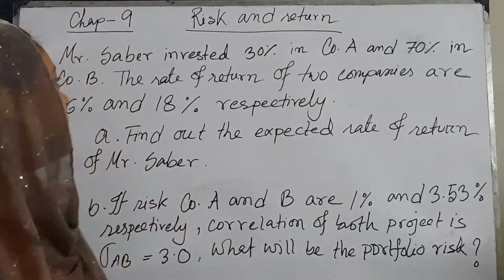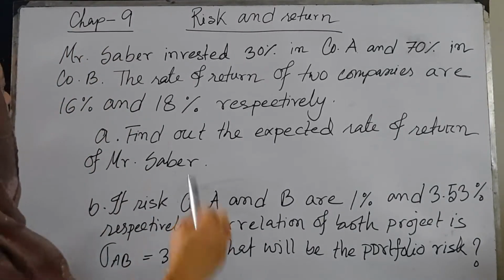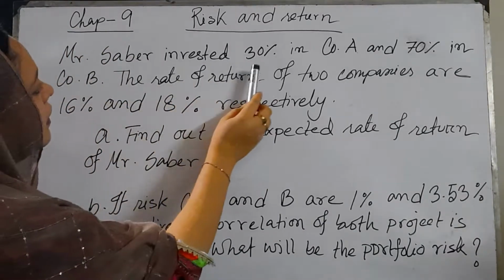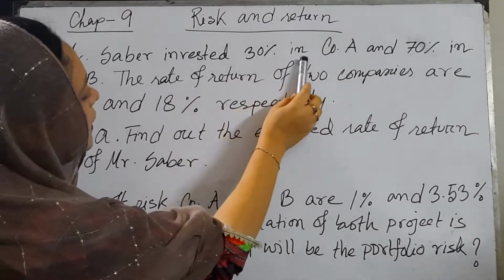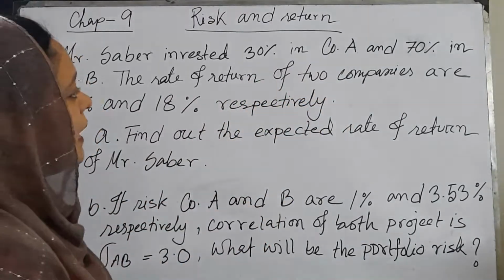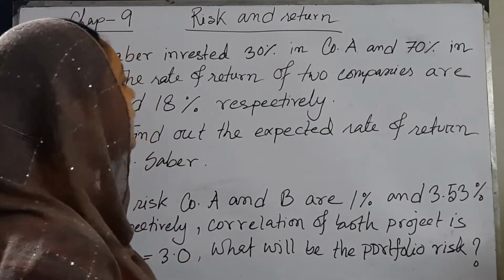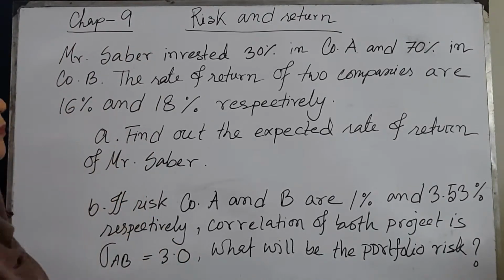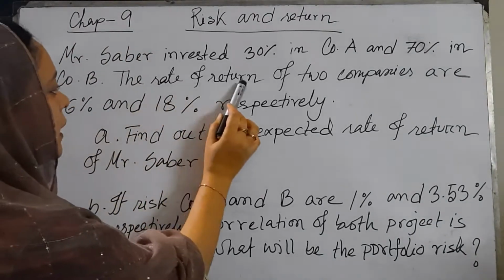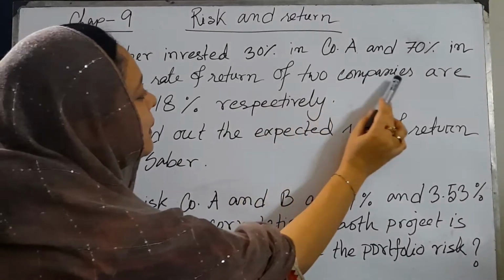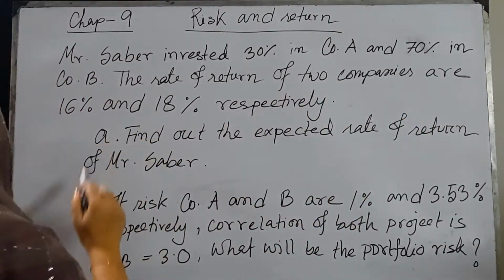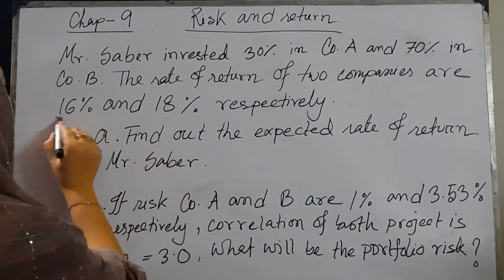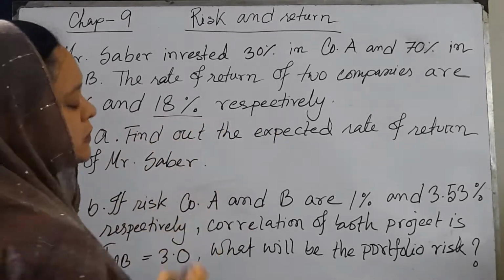The STEM is: Mr. Saber invested 30% in company A and 70% in company B. The rates of return of the two companies are 16% and 18% respectively.